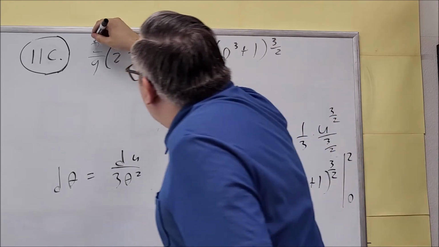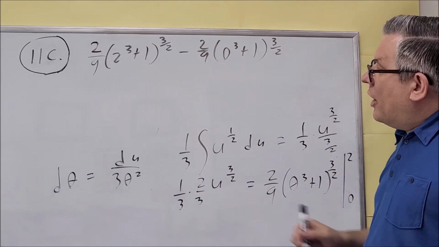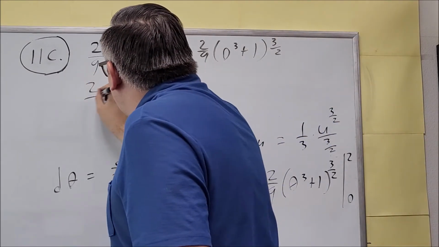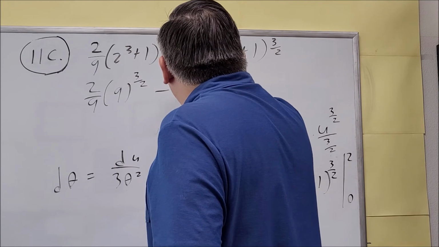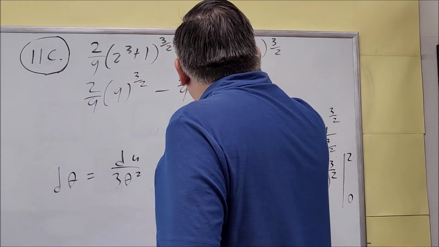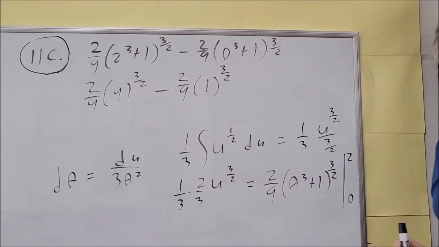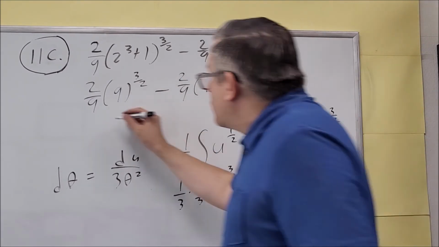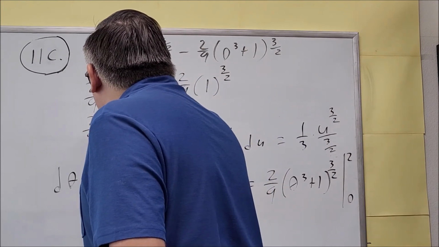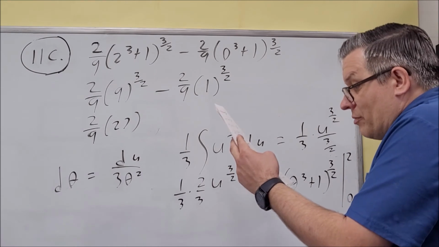Now the first one that we have here is 2/9, might be hard to see on the board. This is a 9 inside, so we get 2/9 times 9 to the 3/2 minus 2/9 times 1 to the 3/2. Now you can put this into your calculator to find that. If you do 9 to the 3/2, you're going to get 27. So I have 2/9 times 27.